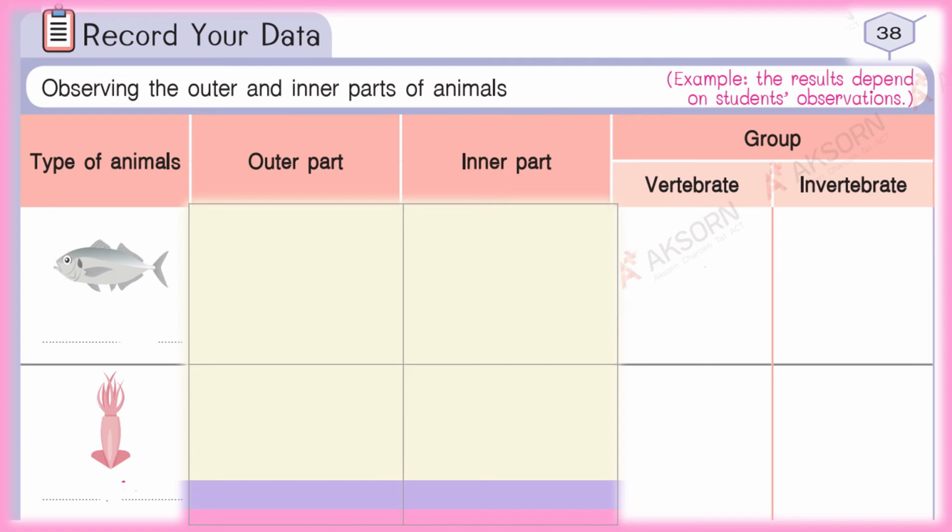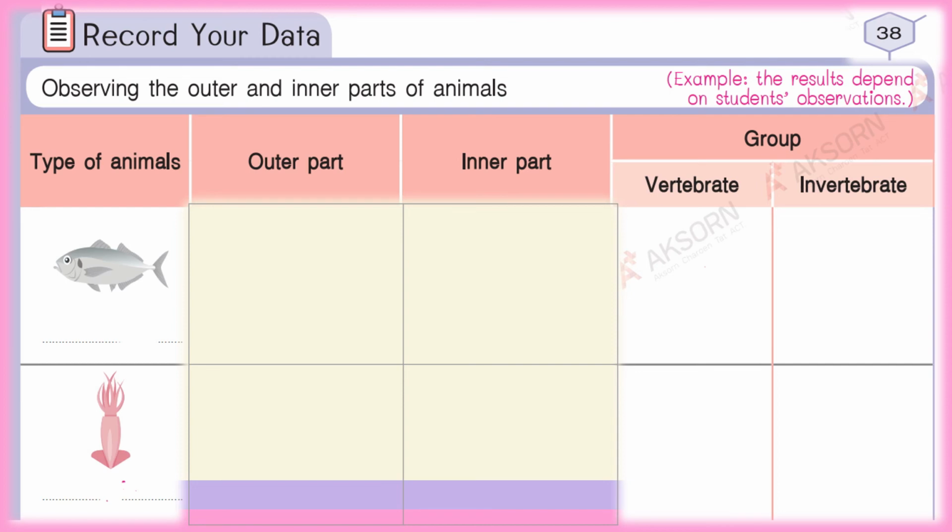Okay, we have what is the type of animals and what is the outer and inner parts of the animals and what is the group. Like I said, we have 2 groups of animals, that is invertebrates and vertebrates. Okay, now let's start.